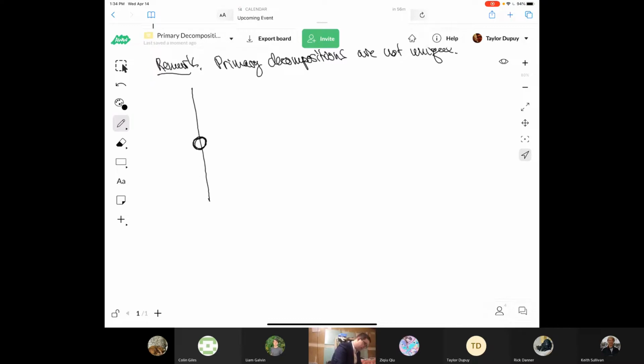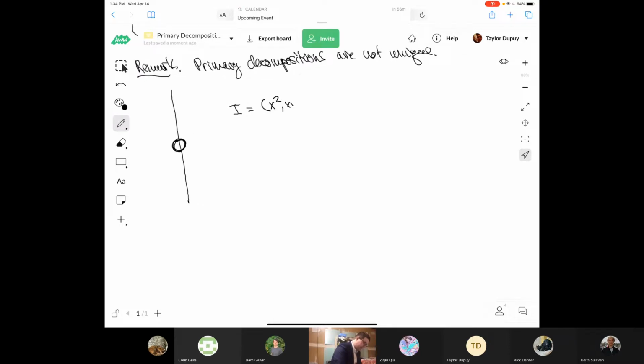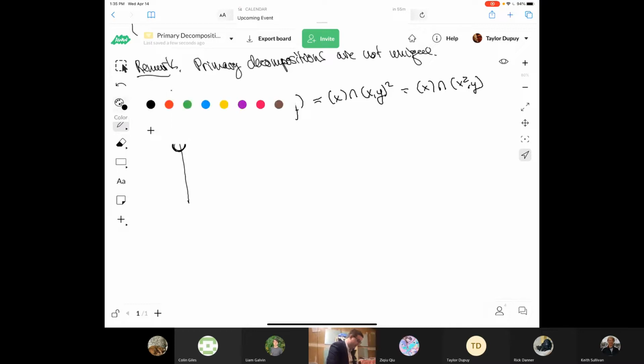The ideal we're looking at is the ideal (x squared, xy), and you can check that this is this with the fat point here, or you can do x intersected with a smaller, sorry, a larger ideal here. These two intersections are the same, but the two embedded primary ideals are not the same.